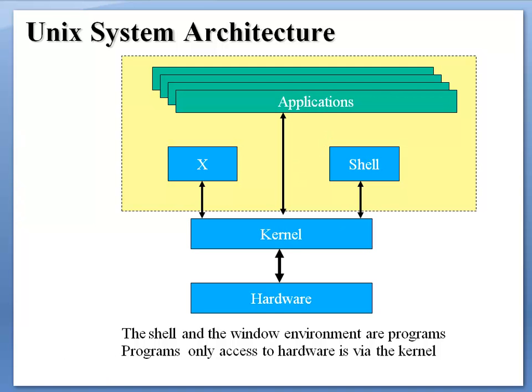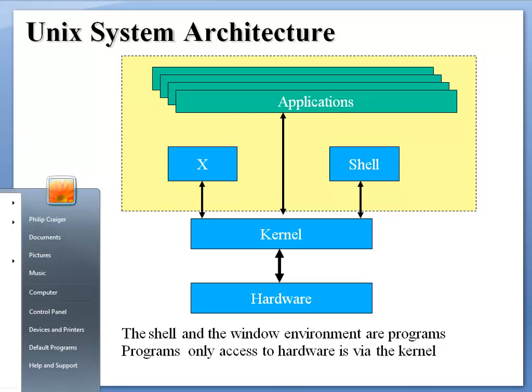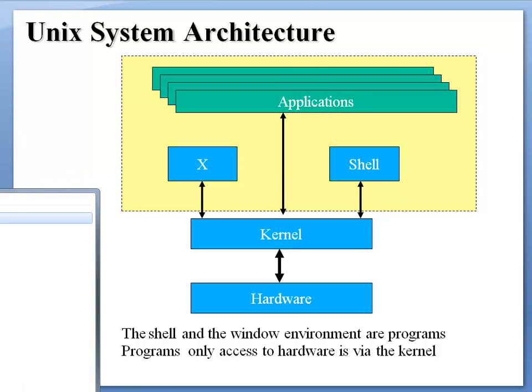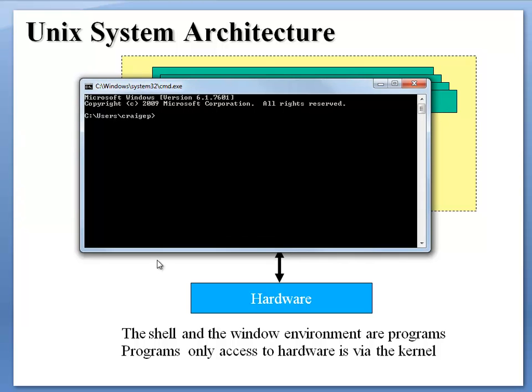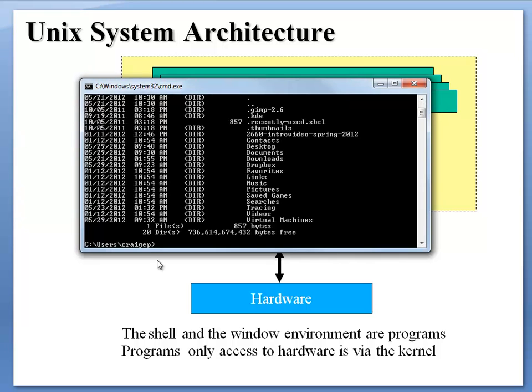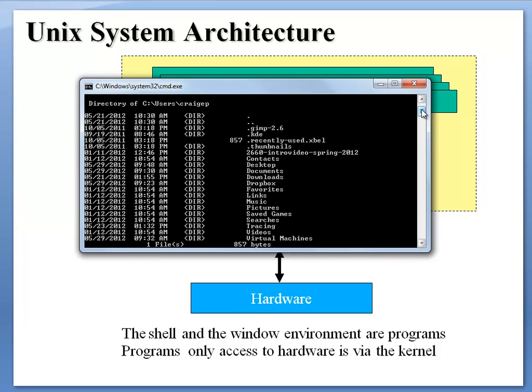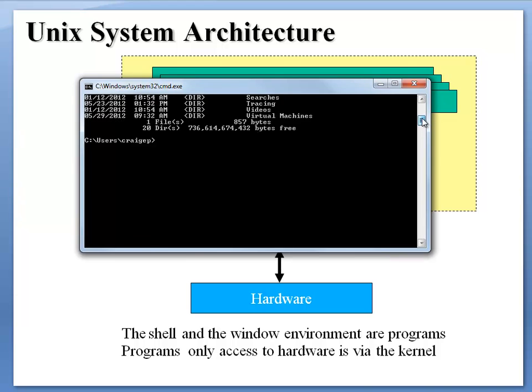And as we know from Windows, let me pop this up here quickly, most of you should already be familiar with the command line interpreter. That's all that is right there, is a shell. And it allows you to interact with the computer without a graphical interface.